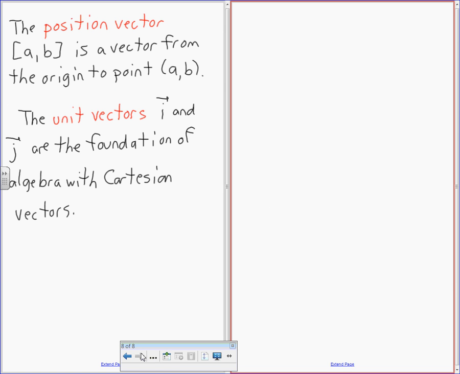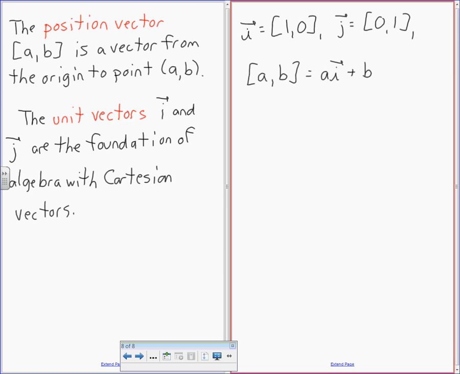Sorry for the notes here again. So vector i is going to be [1, 0]. Vector j is going to be [0, 1]. So therefore, vector [a, b] is going to be a times i plus b times j.